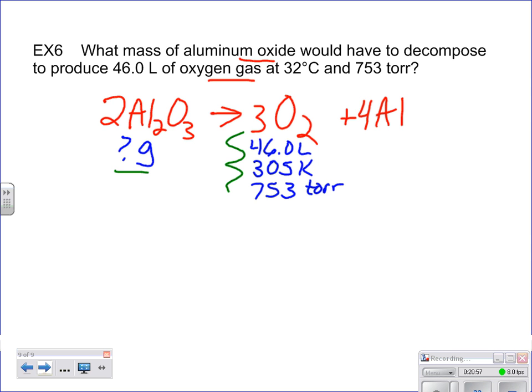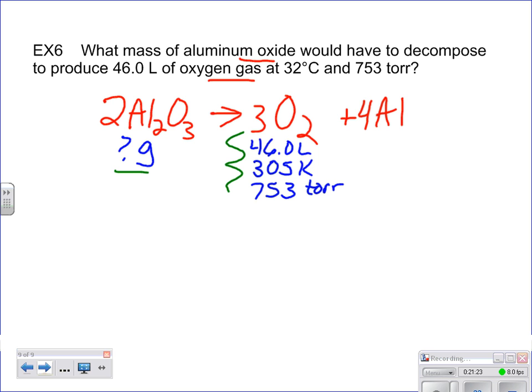What do you think would be the best thing to start with in this? I heard liters, and what might be another way to do this? I'm hearing a couple different units. If you're not sure, how did we start our ideal gas problems? What did we always start with? R. We start with our gas constant.